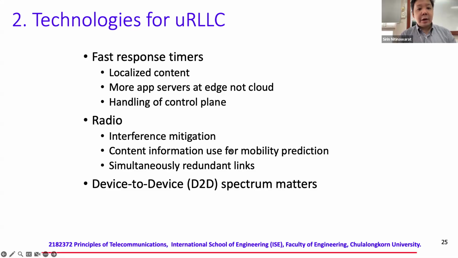At the radio level, you can see techniques that are being used like interference mitigation, diversity in communication, and mobility prediction using content information. And also, if you do direct device to device communication, the latency can be reduced as well.